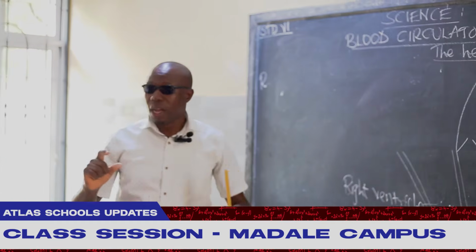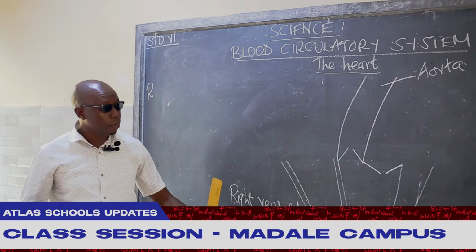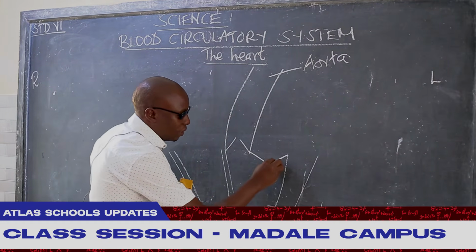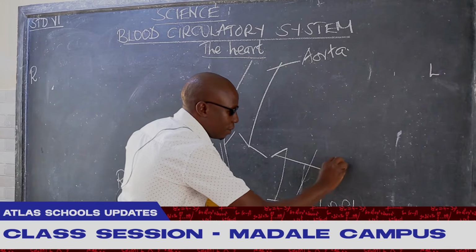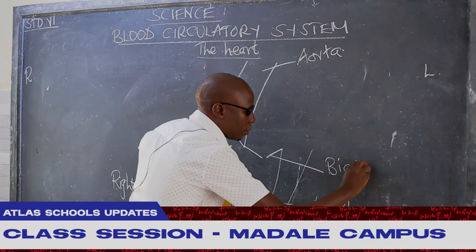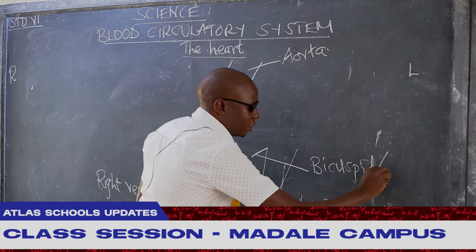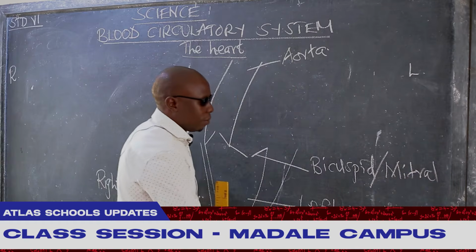That is a general name. Can you say atrioventricular valve? Now, this valve here, its name is bicuspid, but its proper name in science is mitral valve. Can you say mitral?